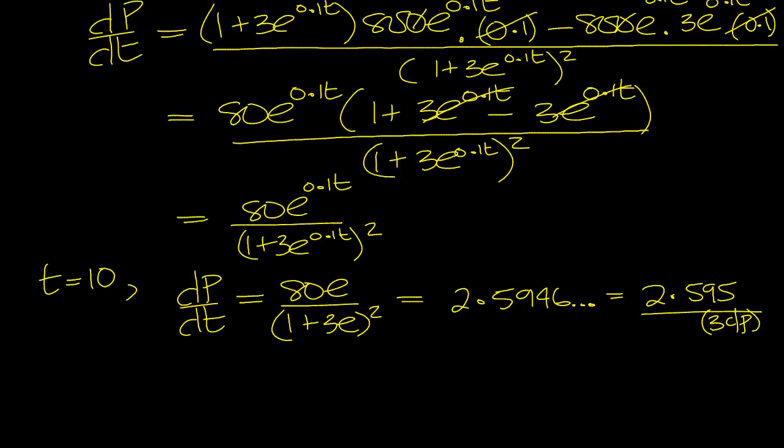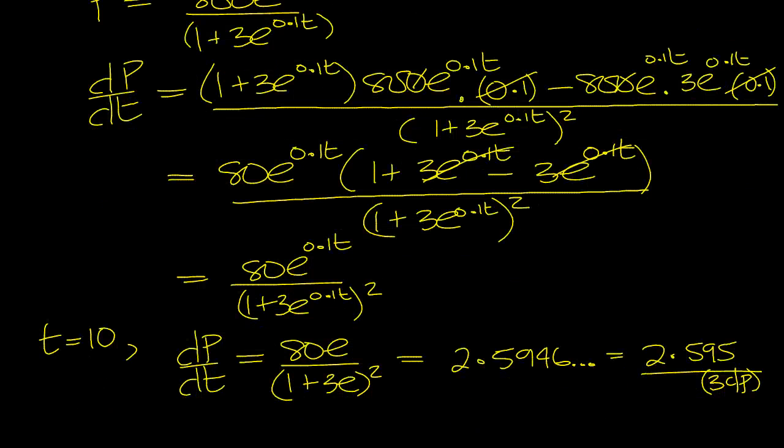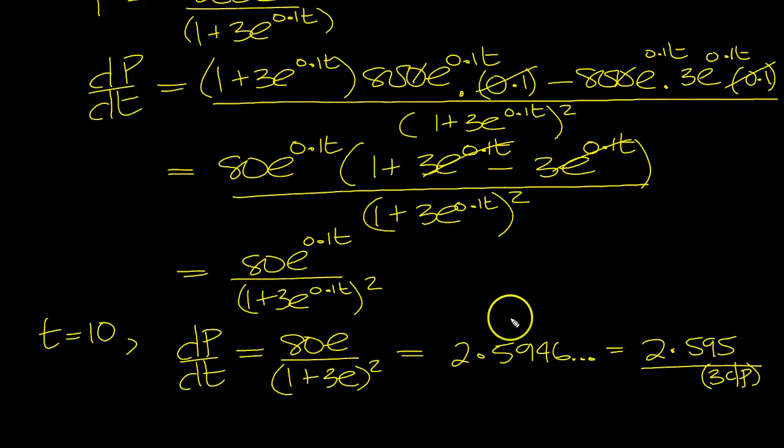Right, dp dt. Okay, p is equal to that. dp dt is equal to that here. dp dt as t tends to infinity. This would dominate.